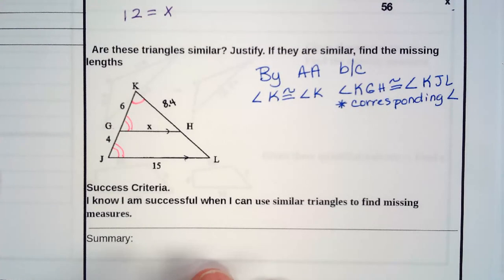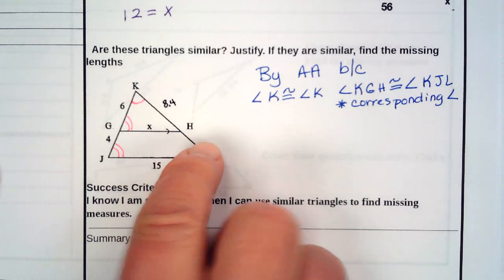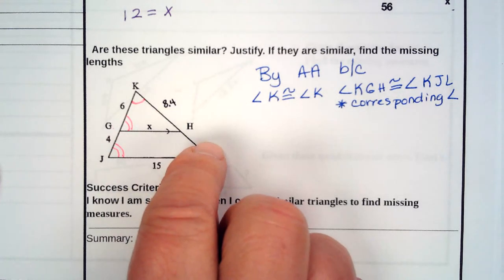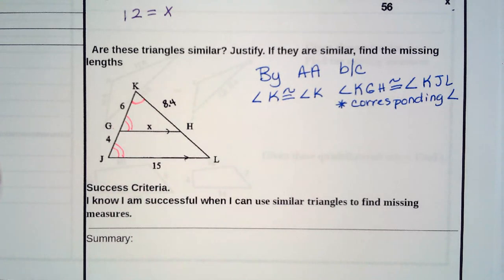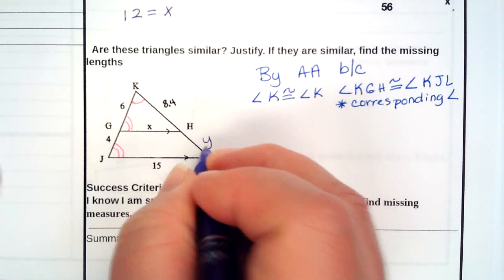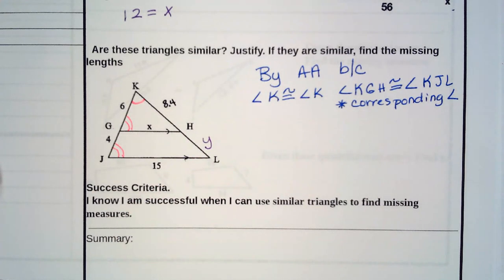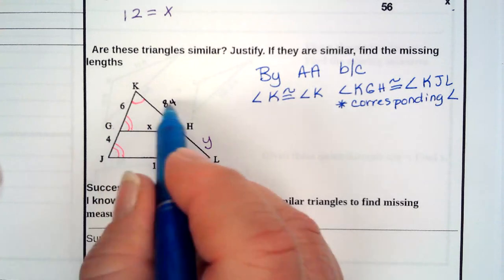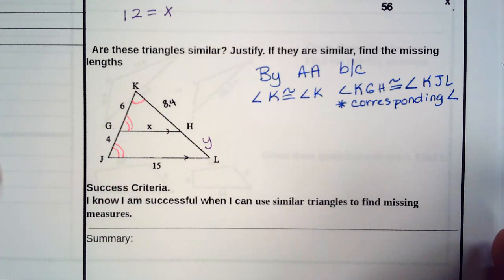Okay, so let's look at setting up pieces. If I want to find this piece here, 6 over 8.4 is equal to 4 over whatever. This one here is x, so I'm going to call this y. Do you want to go top to bottom or side to side? Both work.